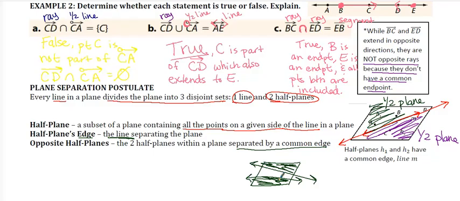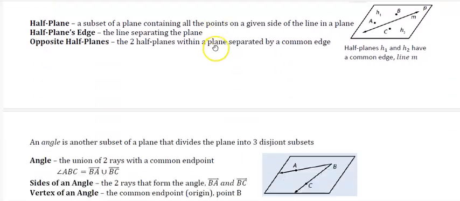They do not share a common edge. They have to be separated by a common edge to be opposite half planes. It's the two halves that make a whole, or the two parts, because it doesn't actually have to be in half. That's just what we call it. All right, let's keep trucking. So I'm going to erase these and we'll move on.